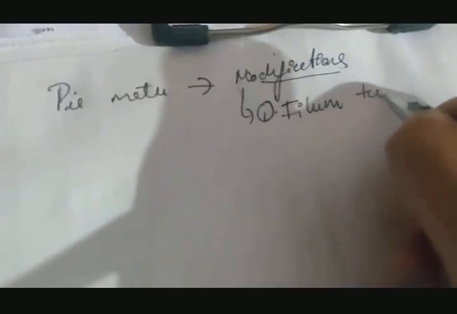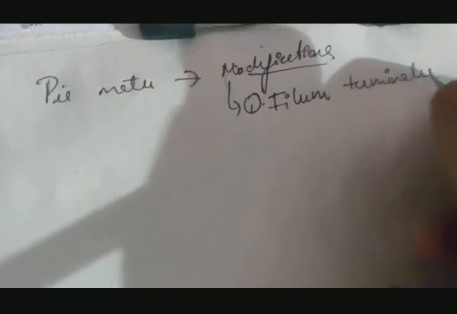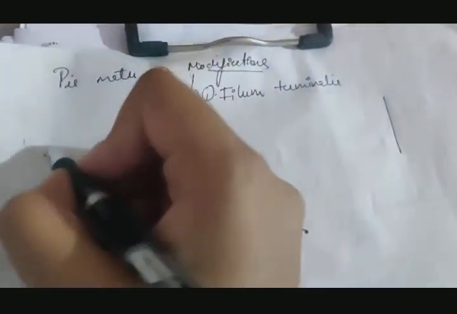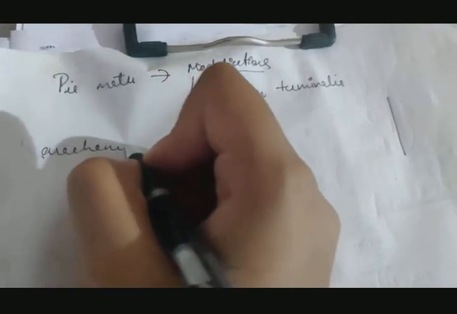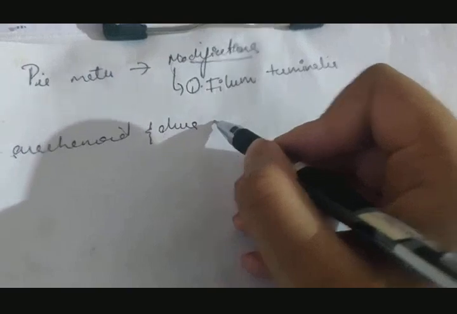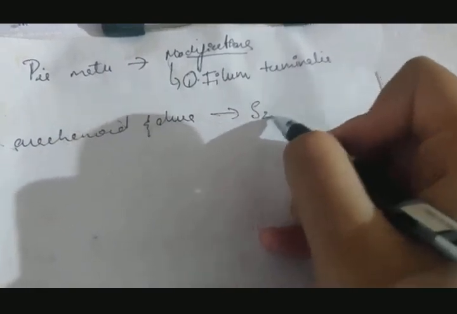The first modification that we'll talk about is the filum terminale. The filum terminale is nothing but an extension. Usually the arachnoid and the dura mater are present only till the S2 vertebra.